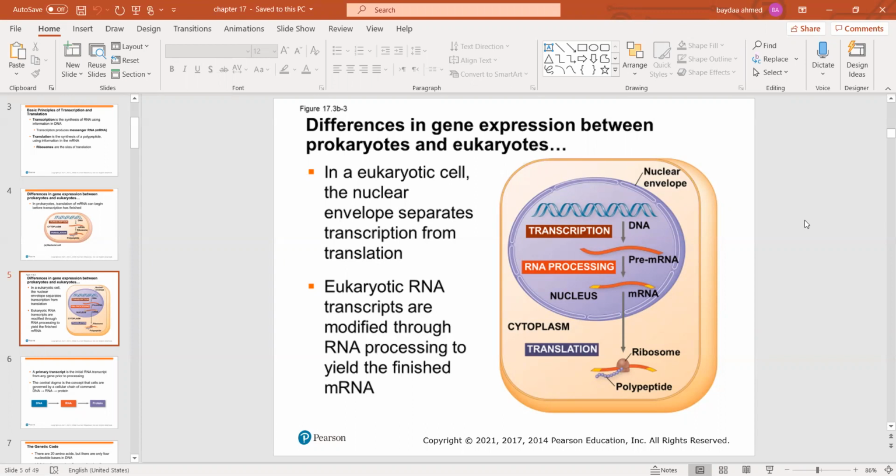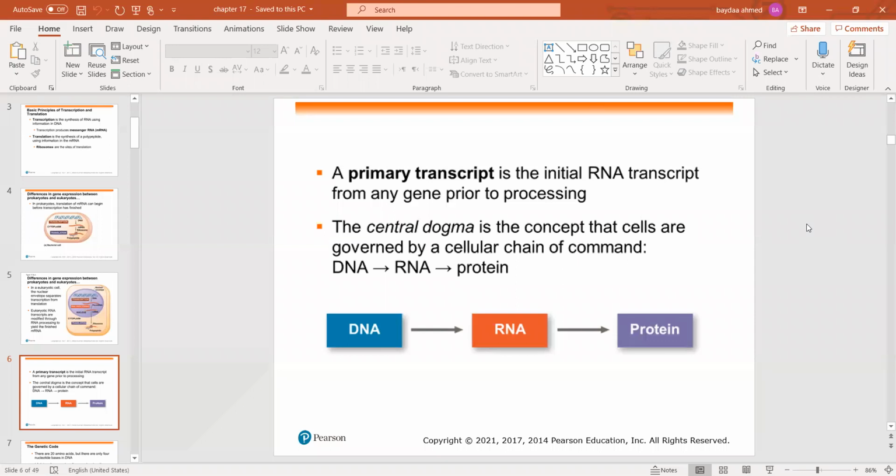The original RNA transcript, called pre-mRNA, is processed in various ways before leaving the nucleus as mRNA. The initial RNA transcript from any gene, including those specifying RNA that is not translated into proteins, such as tRNA and rRNA, is more generally called a primary transcript.